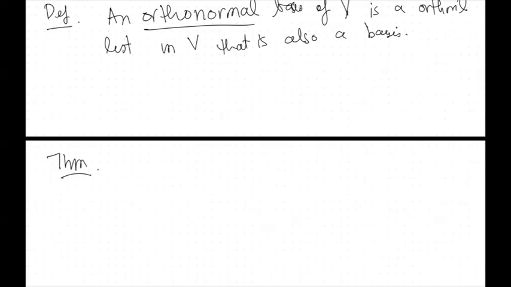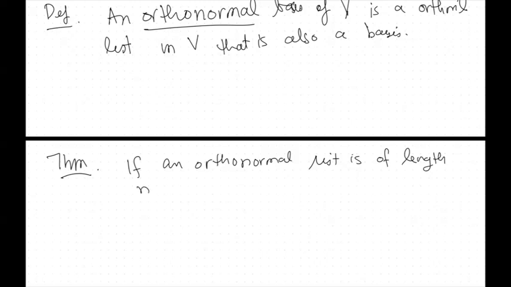If we have an orthonormal list of the right length, then we have an orthonormal basis. So if an orthonormal list is of length n, which is equal to the dimension of the vector space V, then this list is an orthonormal basis.